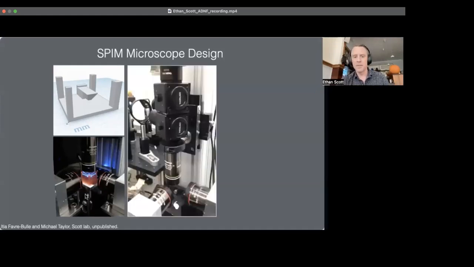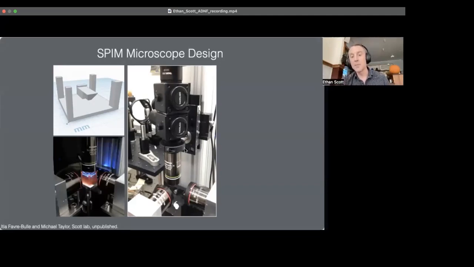If we back up and take a view of this imaging objective, but also the part of the imaging column just above it, we see some of the customizations directed toward those goals. One is that we have a lot of space around this imaging area here. So if we need to bring in a screen, we need to bring in a speaker, we need to put in a microfluidics device or anything we might need in order to deliver sensory stimuli, we have space to do it.